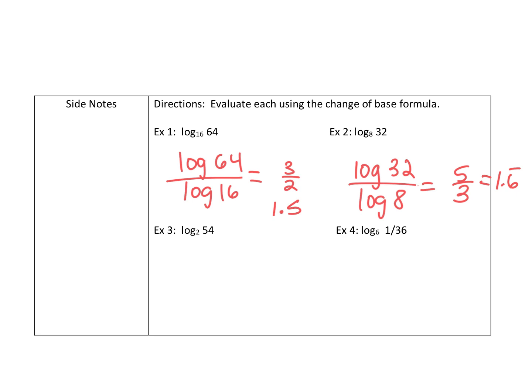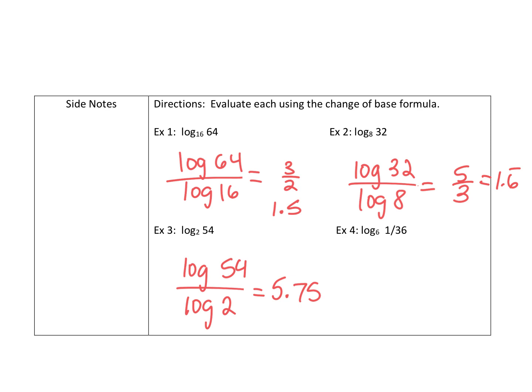Okay. Then we get to example 3. So that's log 54 divided by log 2. And that should have given you, I didn't write that one down, 5.75.